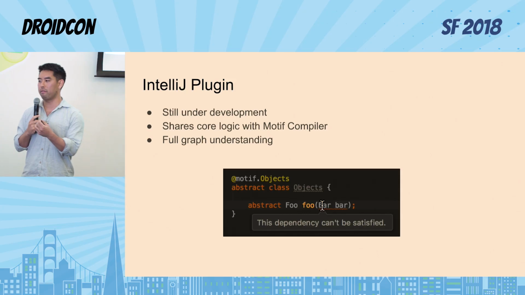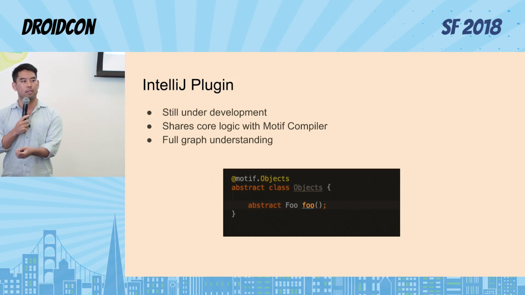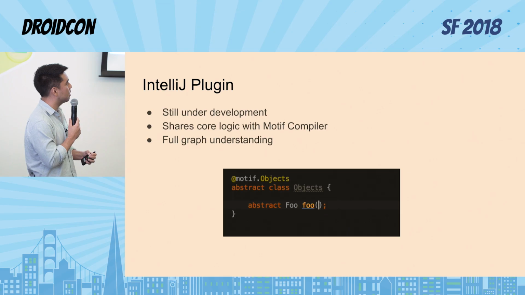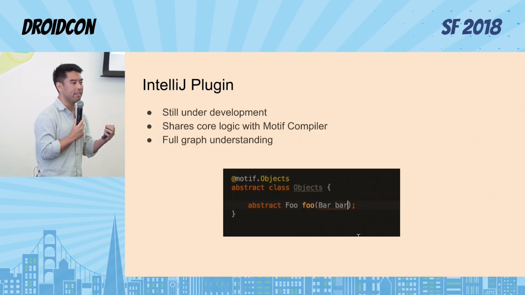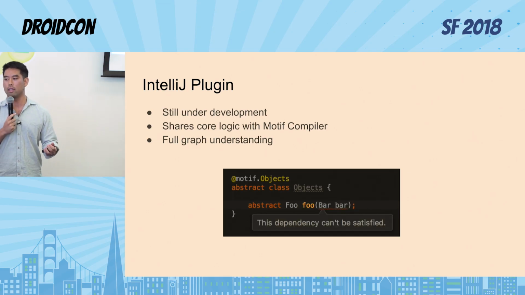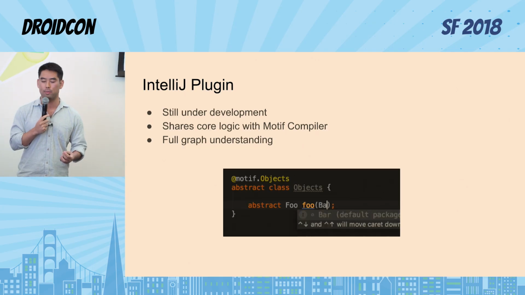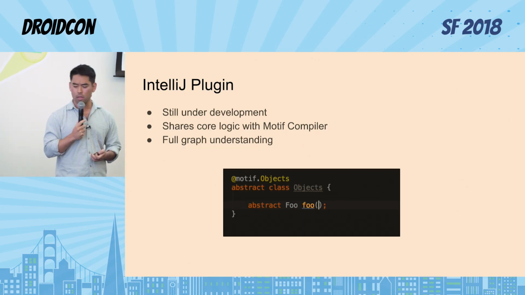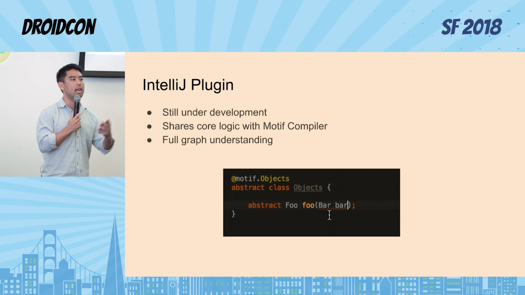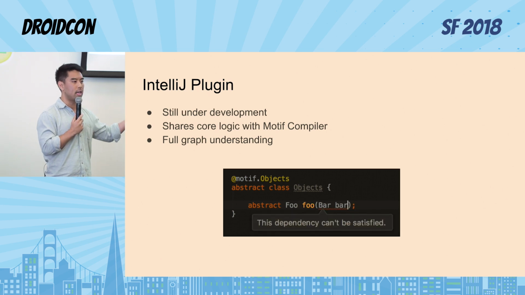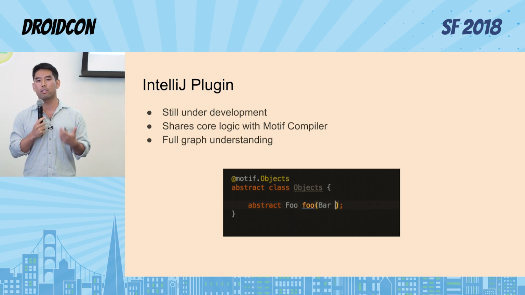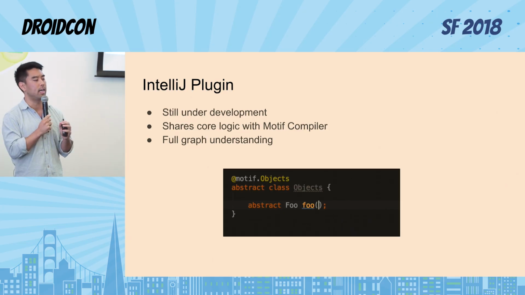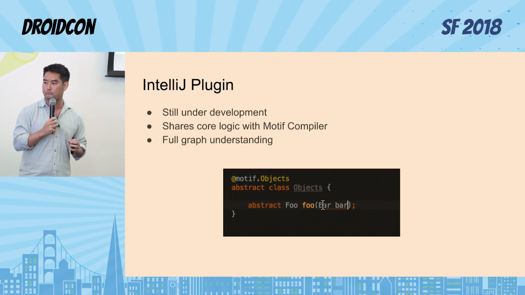So with full integration with the IDE, we can do this much quicker and have a much faster iteration cycle and feedback loop. And it behaves much more like a linter, right? The feedback is instantaneous, and that's because the IntelliJ plugin has full understanding of the graph. We can also do things like visualizing the scope hierarchy inside the IDE. And again, we can trust that just as much as we trust the compiler because they share the same understanding of the graph and the same core logic.